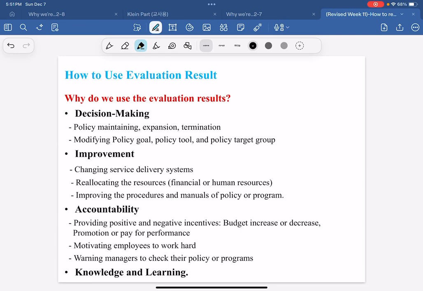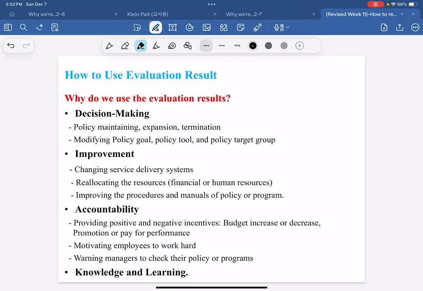The first purpose of evaluation result use is to help public officials make decisions, right? On the basis of evaluation results, the officials will make some decisions about policies.